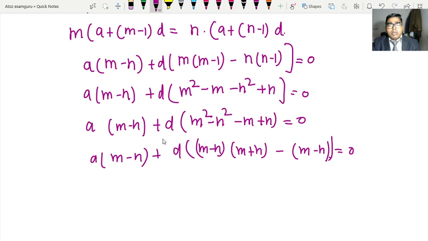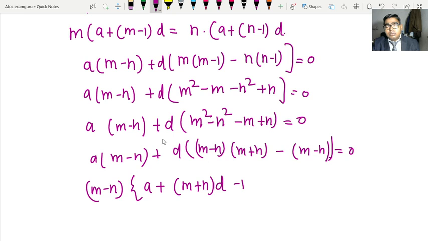So if we take M minus N common, then this can be obtained as A plus M plus N minus 1 into D.